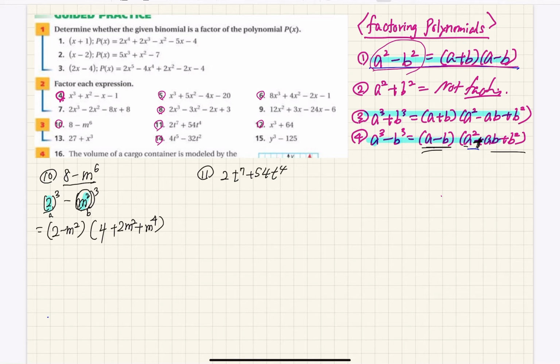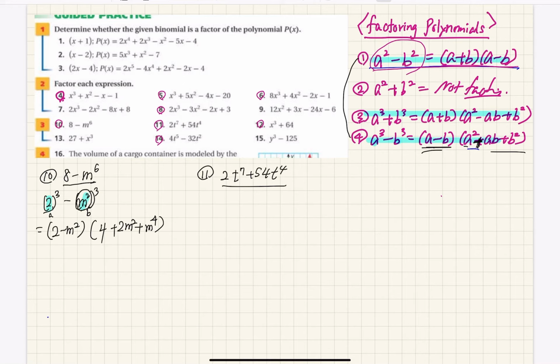Basically, this is a binomial, so you can use either special factoring or just the greatest common factor. This is not a special case form. It's not a squared minus b squared, not a to the 3rd power minus b to the 3rd power, and not a to the 3rd power plus b to the 3rd power. So right now you cannot use a special case, so just depend on the greatest common factor.